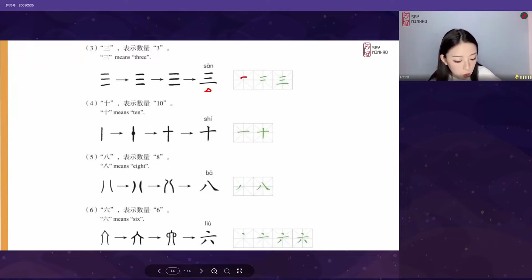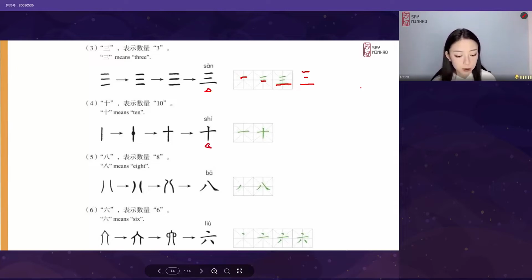First, a short horizontal, and then a shorter horizontal, and then our longest horizontal. Now let's try to write it. A horizontal, another horizontal, left to right, top to bottom. This is the direction of writing it. 三, 3.